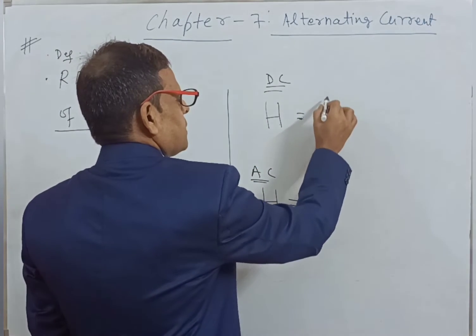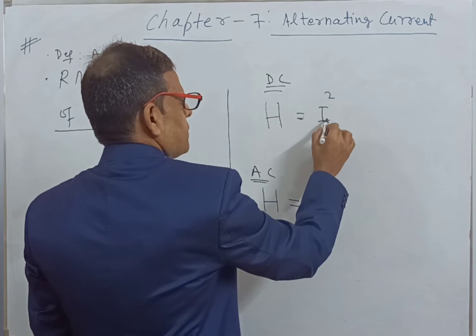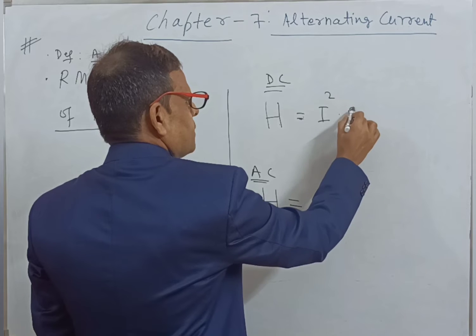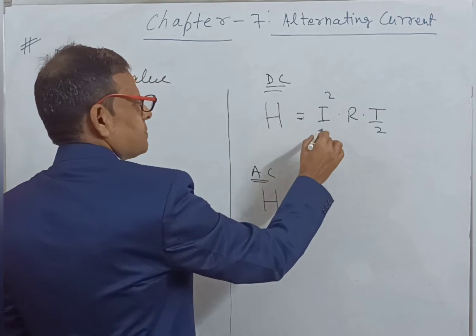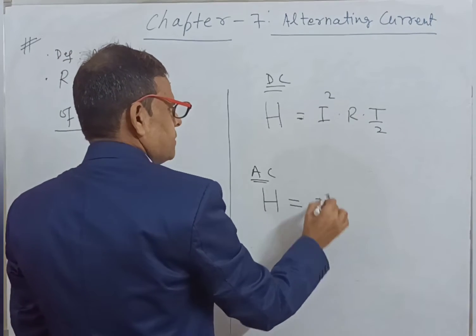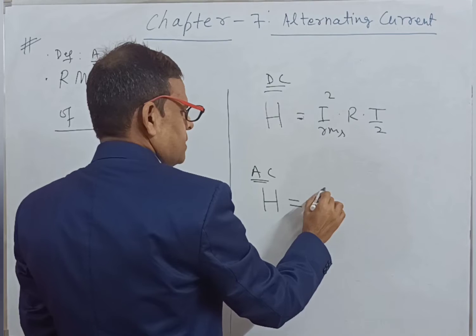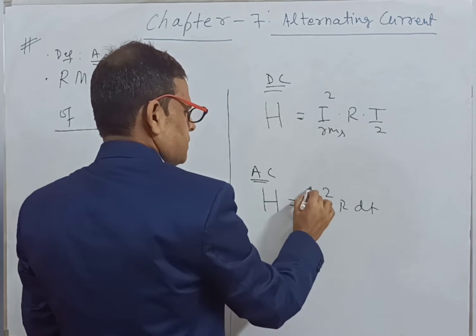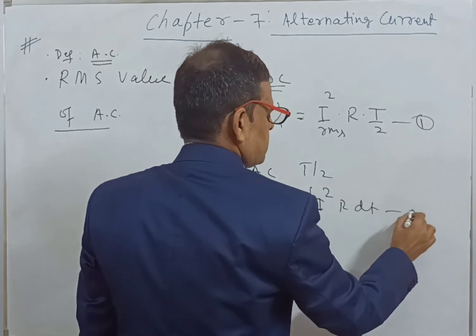Here the heat through DC is I square R for the half of the time period, and here it is I RMS square R, and here I square R dt from 0 to T by 2. Equation 1 and equation 2.